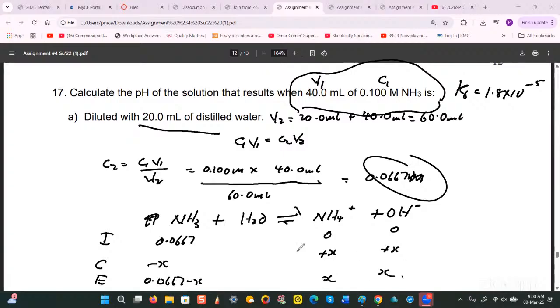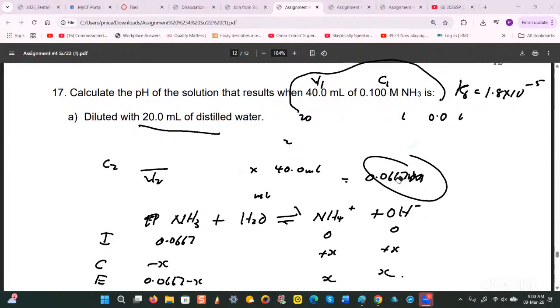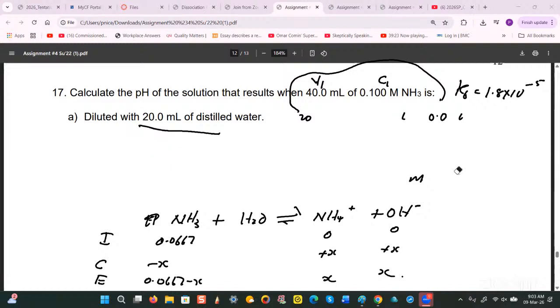Okay, so again, I'm gonna need some space. Let me just erase this top part right here. Okay, so we can write down the Kb expression.